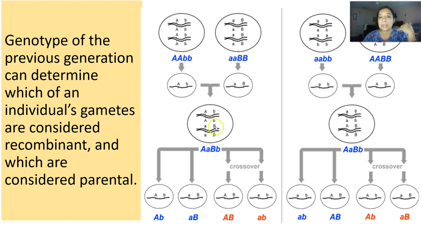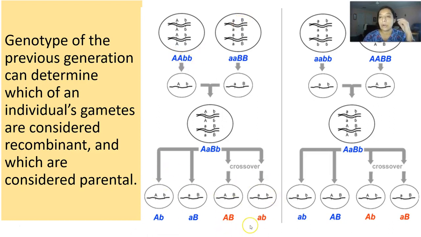And in this case, when they combine together and you get your gametes, you get your cell that's going to produce the gametes, you'll get two gametes that are going to be your parentals, which are going to have, again, the exact same gametes that the original parent was able to produce, right? So this was one dominant and one recessive, same as the parents.